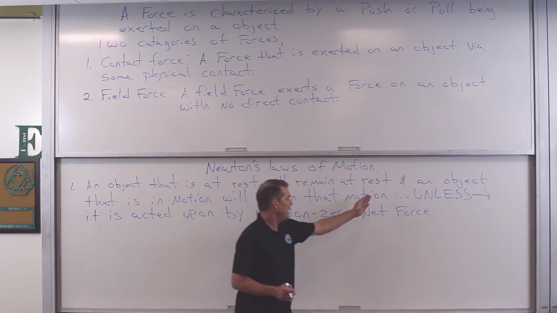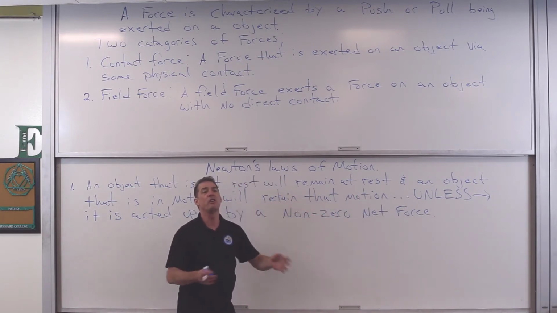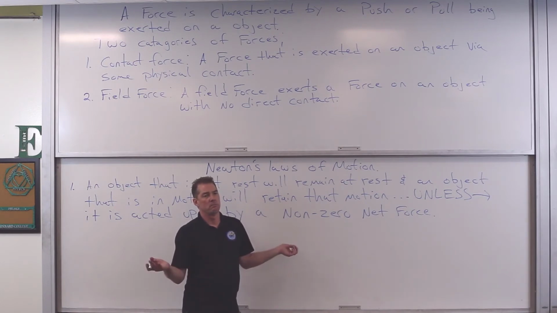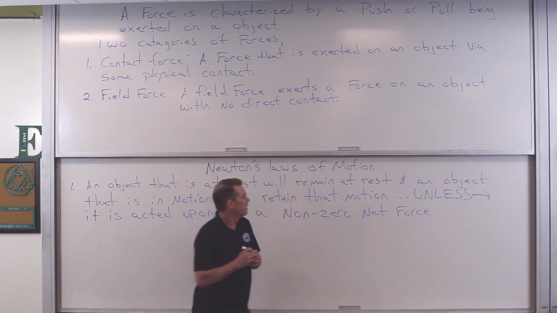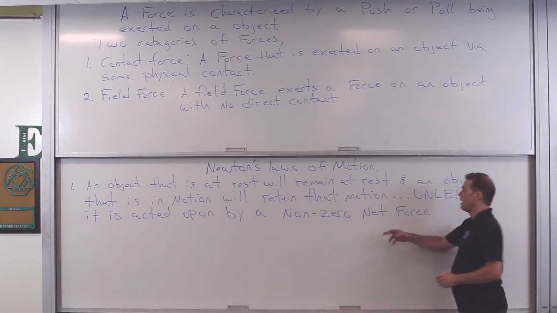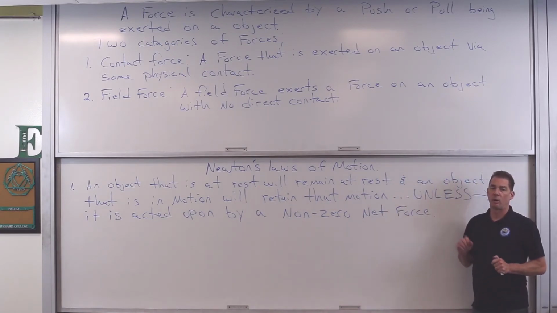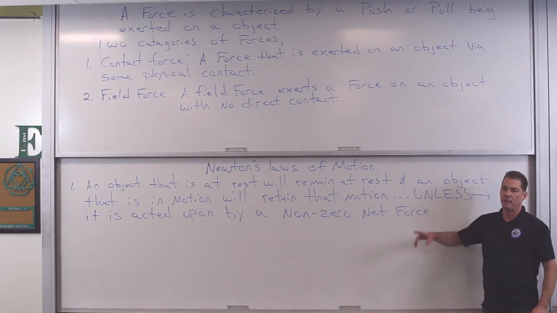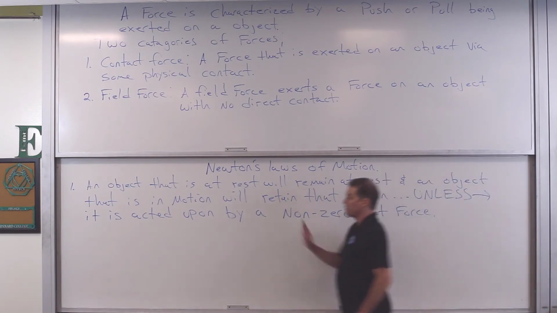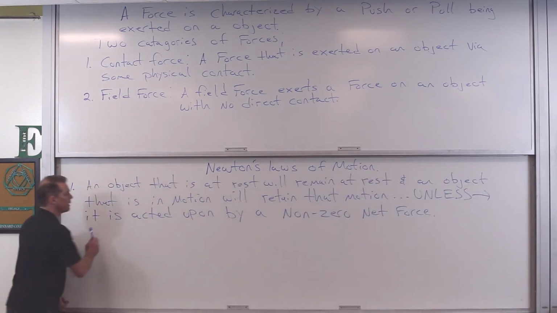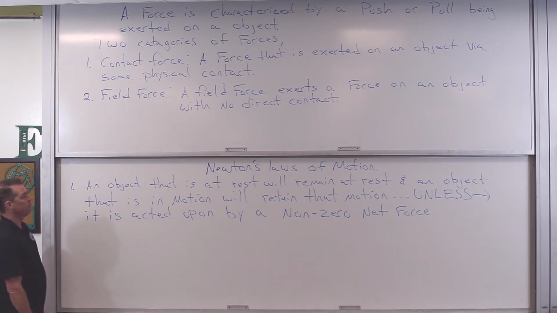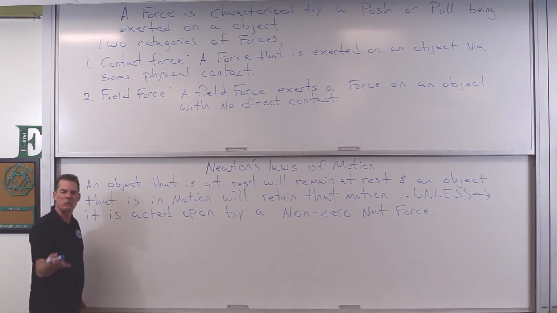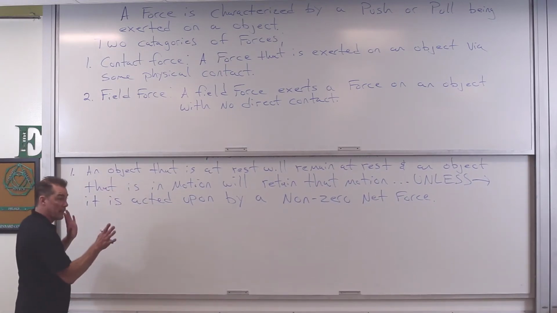If it's initially having some motion, it continues to have that same motion, constant velocity, for all time until there is a non-zero net force acting on it. So this is basically a nice statement that says what changes the state of an object? A non-zero net force does. That's it. We'll come back and utilize this. It's a statement that helps us understand what happens, or what doesn't happen for that matter.